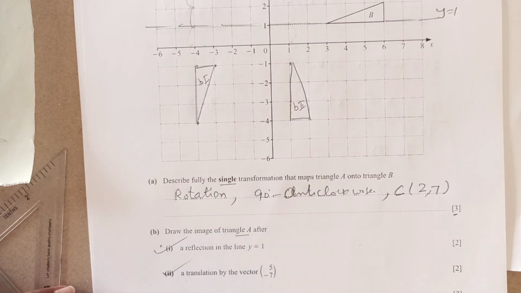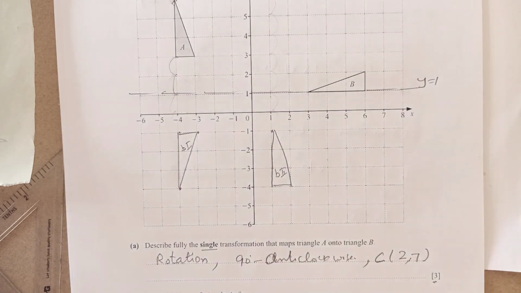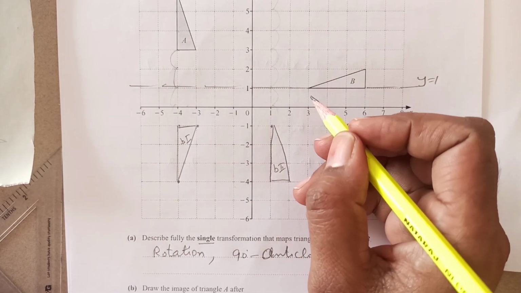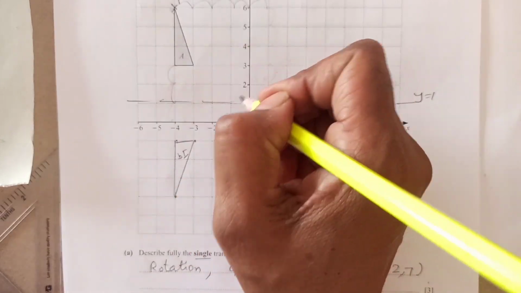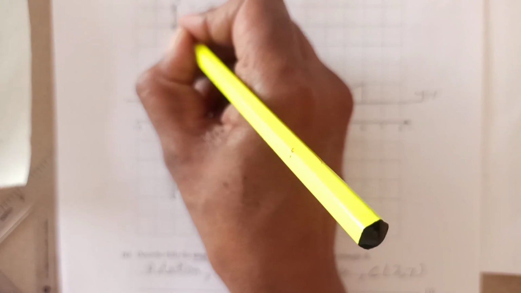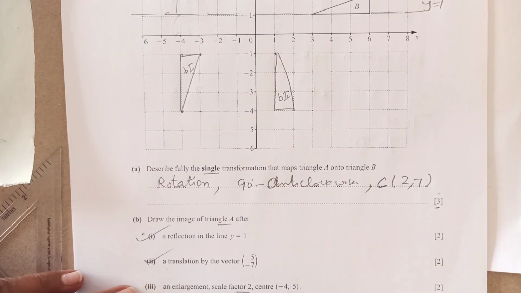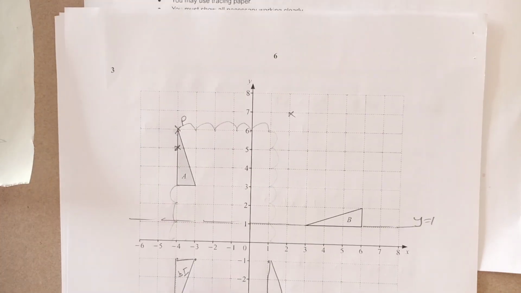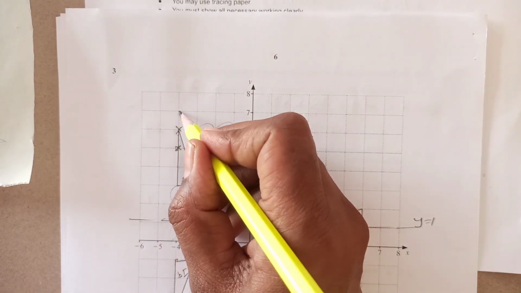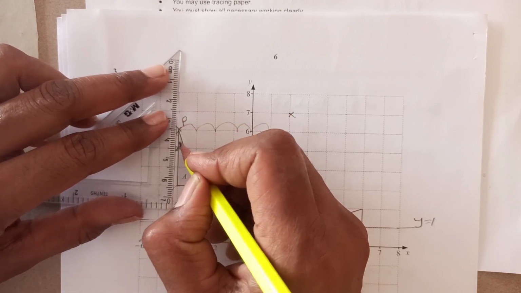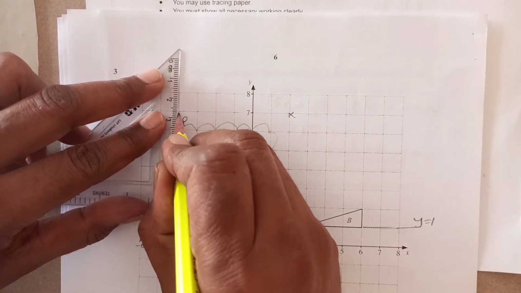This is done. Now the enlargement with scale factor 2 and center (-4, 5). Center is (-4, 5), -4 and 5. So this is the center, right? So scale factor is 2. If P is here, the P dash is going to be 1 square up, because we are multiplying this by 2, right?